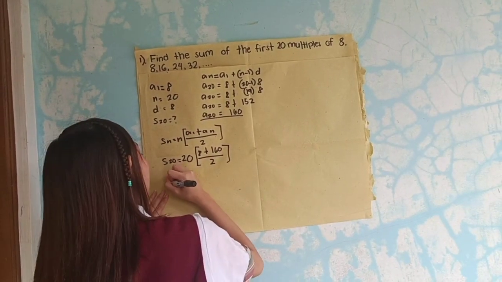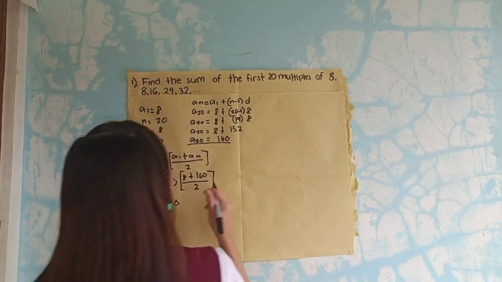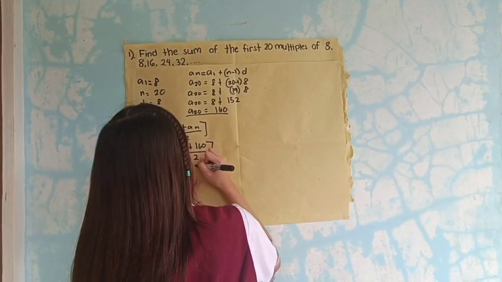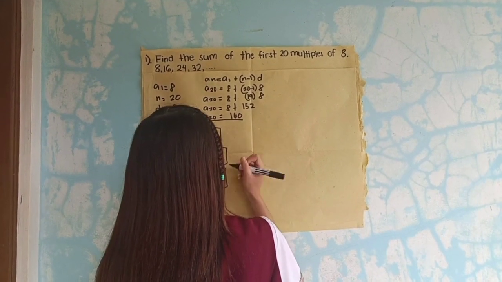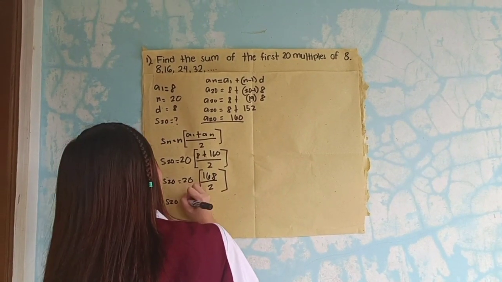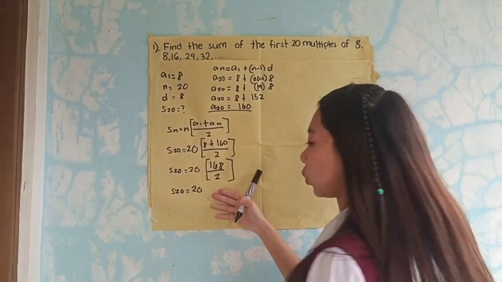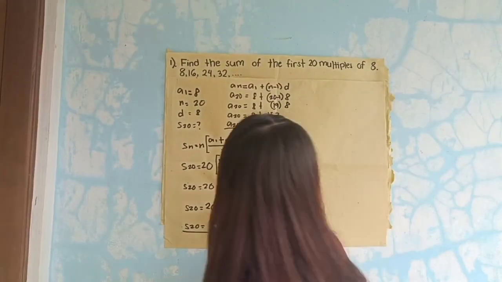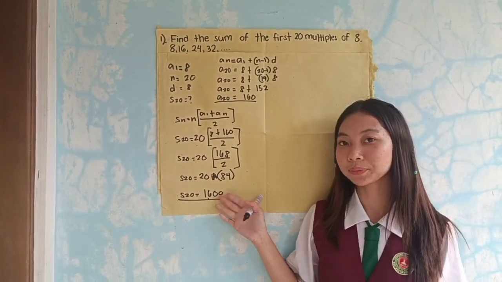So, S sub 20 is equals to 20. 8 plus 160 is 168 divide 2. Then S sub 20 is equals to 20. 168 divide 2 is 84. So 20 times 84 is 1,680. So here's the final answer.